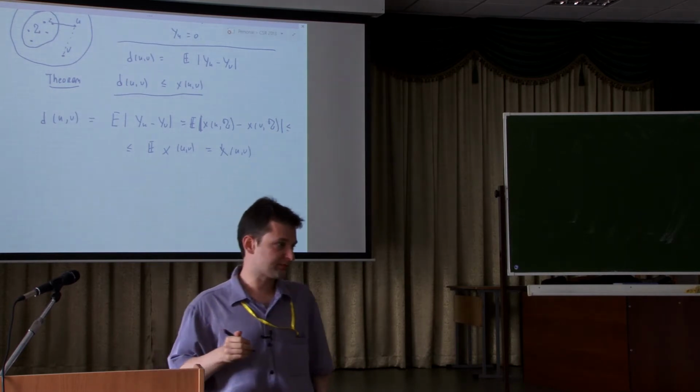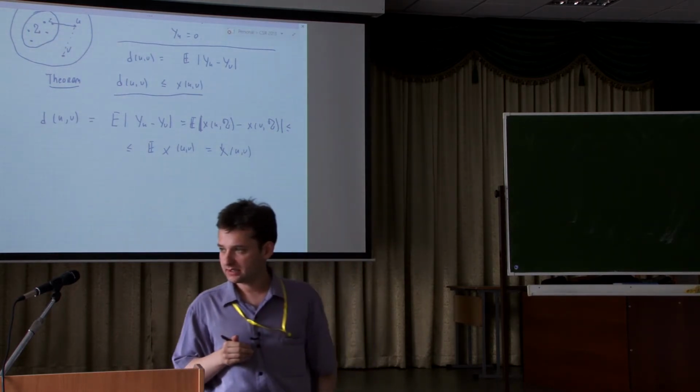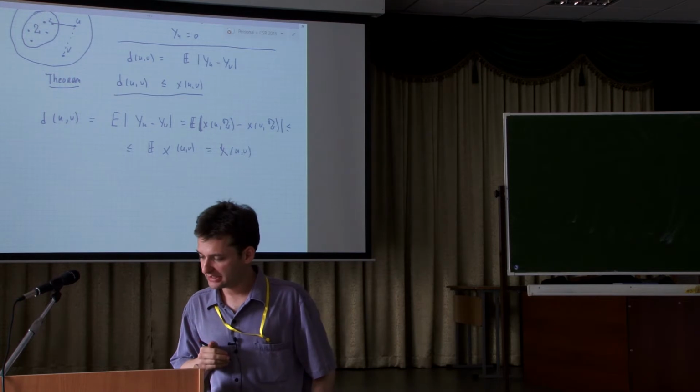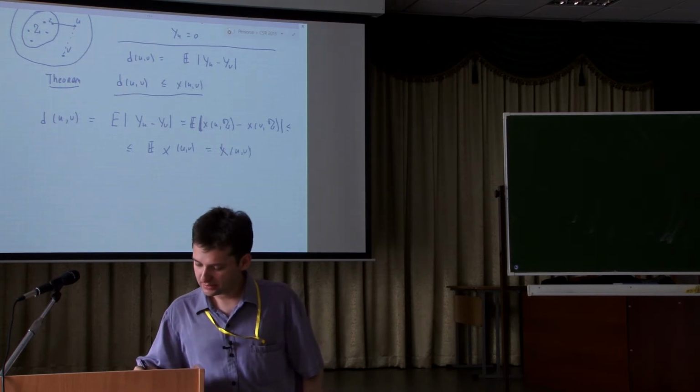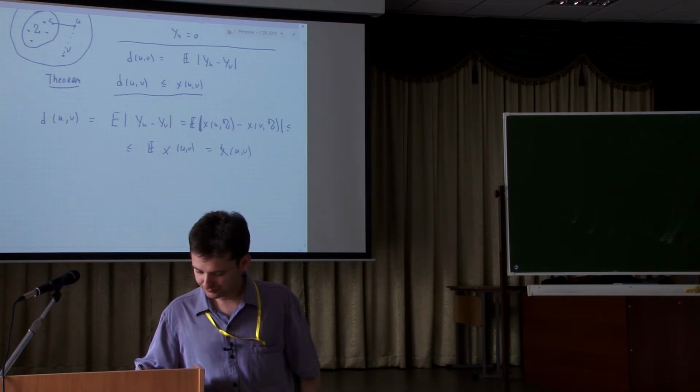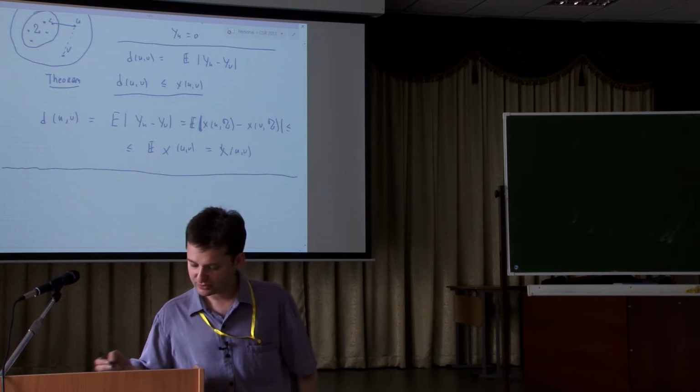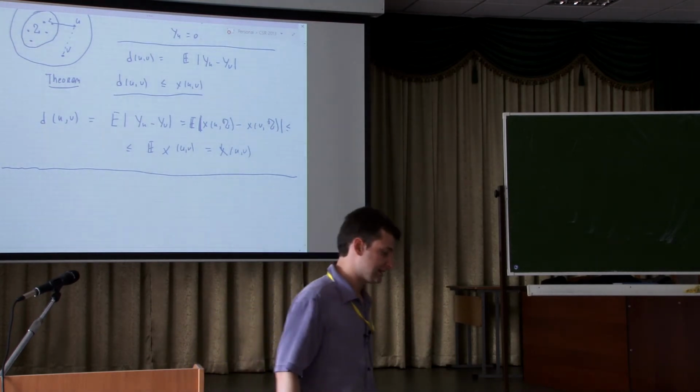So the most important thing, of course, is why the inequality in the opposite direction holds. To do so, we need to design Z in some special way, and that's what the Bourgain embedding does.